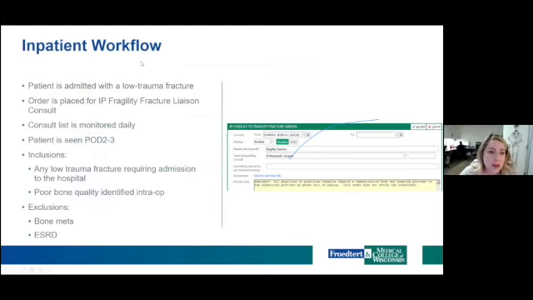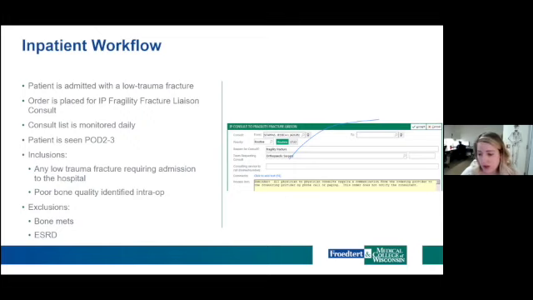So when I see a patient immediately post-fracture, I'll talk a little bit about how that workflow looks. So patient is admitted with a low trauma fracture, and then an order gets placed for our inpatient fragility fracture liaison consult. What we've done to make this more successful on our end is we've built it into our ED hip fracture admission order set as a default selection.